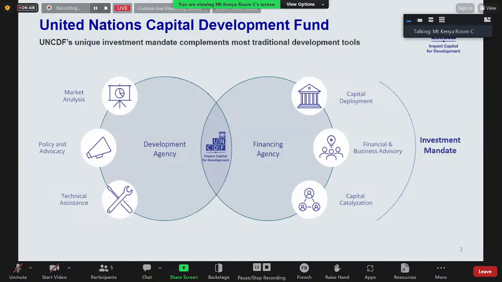Because usually within the UN system, you have humanitarian agencies and development agencies. At UNCDF, we are initially a development agency, but we also have an investment mandate. So we are a financing agency as well, which is unusual for the UN, except for IFAD. We are a development agency, which means that we carry out development work.